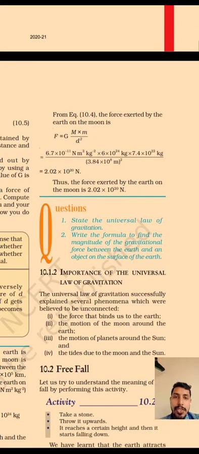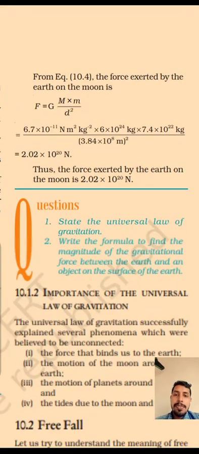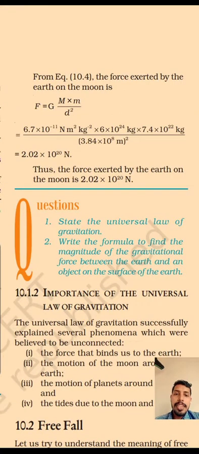One is mass of earth 6 into 10 raised to 24 and mass of moon 7.4 into 10 raised to 22 kilogram, by 3.84 into 10 raised to 8 meter all square, d square.